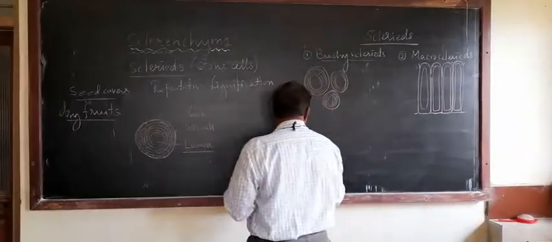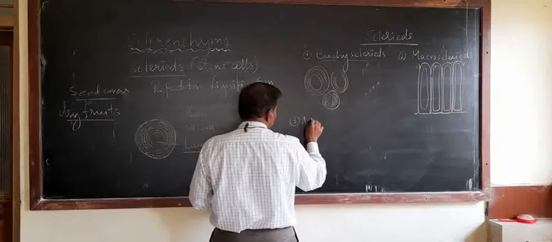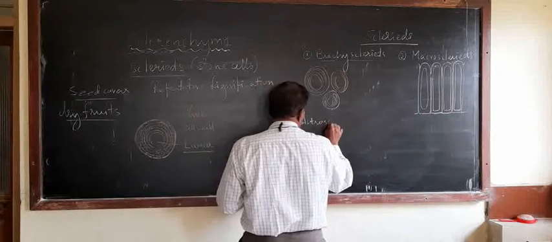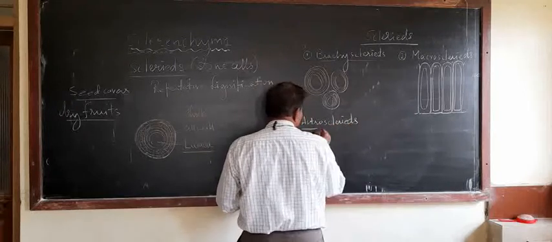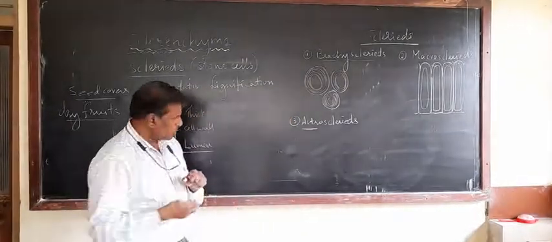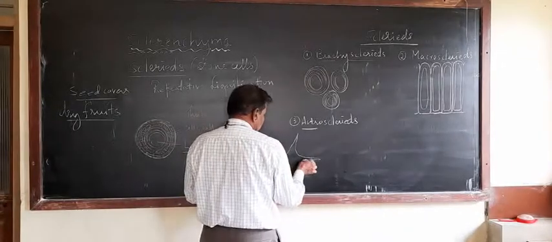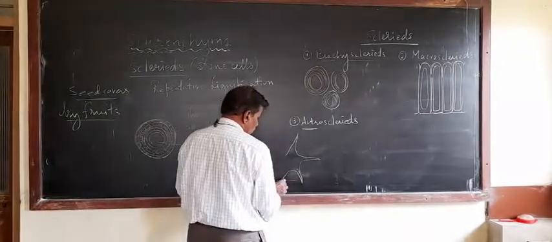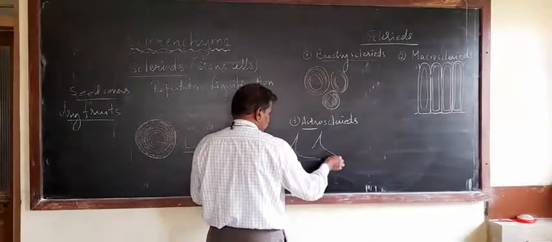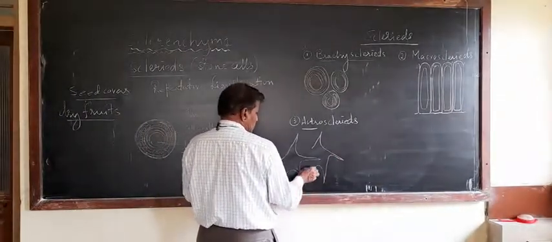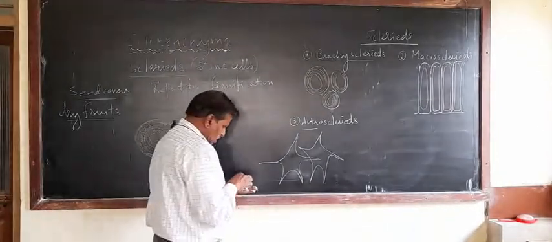Some kind of sclereids are there, which we refer to as astrosclereids. Astro means star. These sclereids are like this. They are looking like a star.